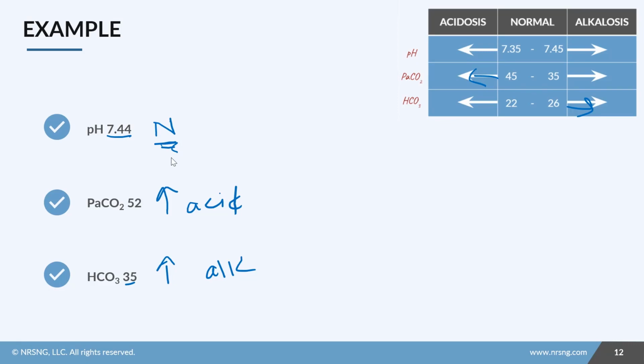So now the question to ask yourself is, which side of normal is my pH on? Well, at 7.44, it would fall right about here. So it's kind of on the alkalosis side of normal, isn't it? So we can reasonably assume that since my bicarb is showing alkalosis, this was probably a metabolic alkalosis.